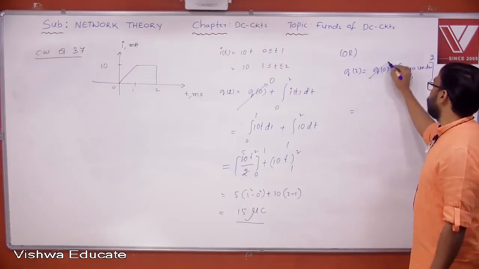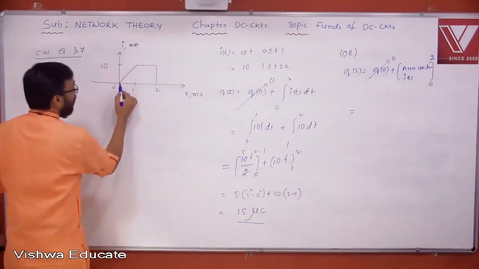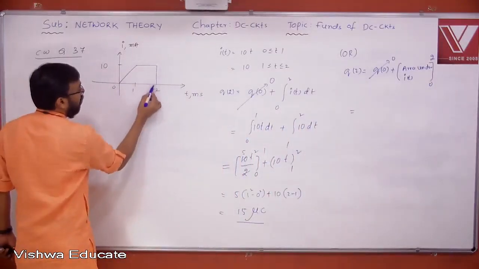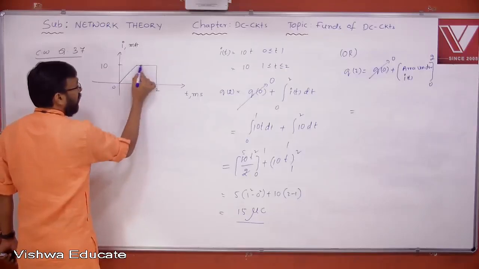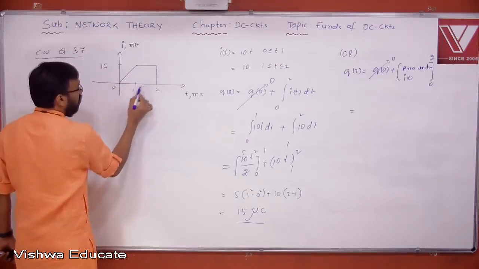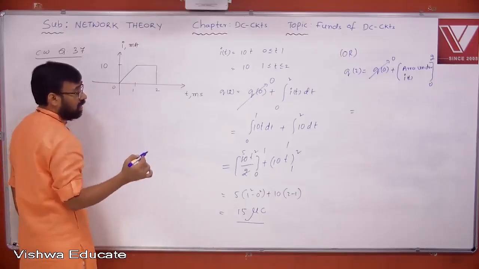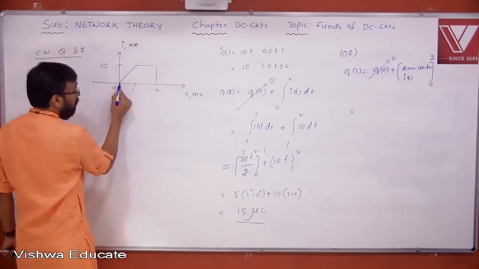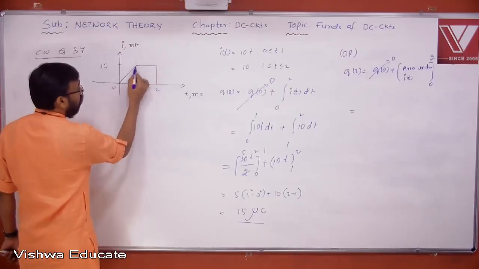You can write, this is 0. The area you can find. What is this actually? It's a triangle plus rectangle, or else you can take completely trapezoid. 0 to 2, what is the area? Area of a trapezoid. Trapezoid area formula, I think all of you know very well. H by 2 into a plus b. H means height, a means longer side, and b means shorter one, right?